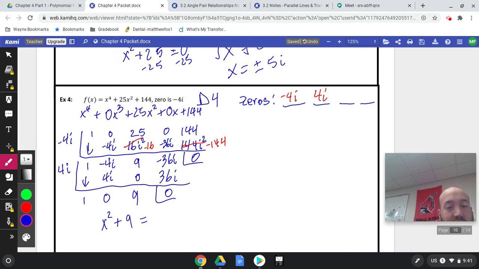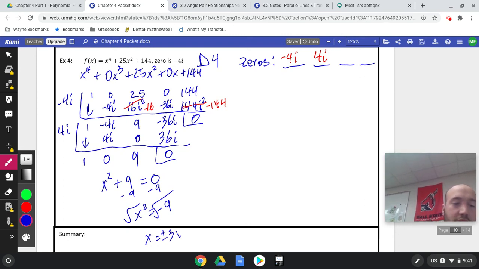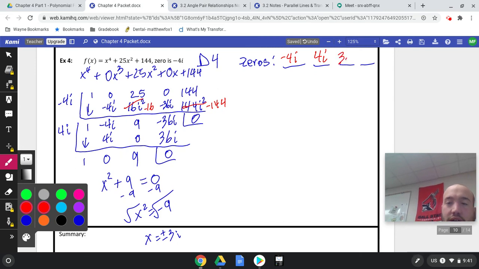If you want to put that in, you can, and that equals 0. So now to solve this, all you have to do is subtract 9. X squared equals negative 9. Take the square root of both sides, and hopefully you know that it's going to be plus or minus 3i. So up here, I need to put 3i and negative 3i. And I am done.